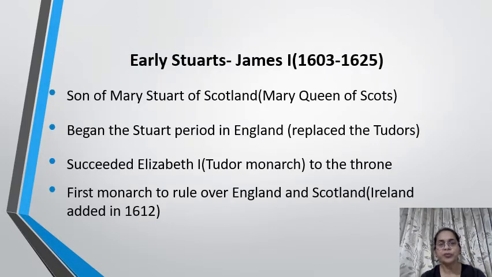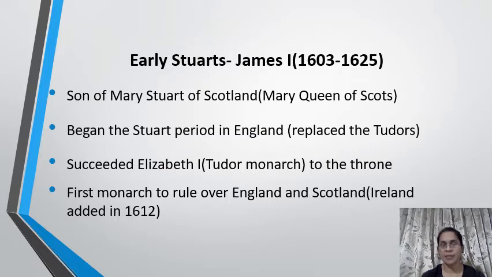Okay, so now coming to the first of the early Stuarts, James I, and as I mentioned earlier, he was the founder of the Stuart dynasty in Britain, formerly known as James VI of Scotland. His reign was from 1603 to 1625.